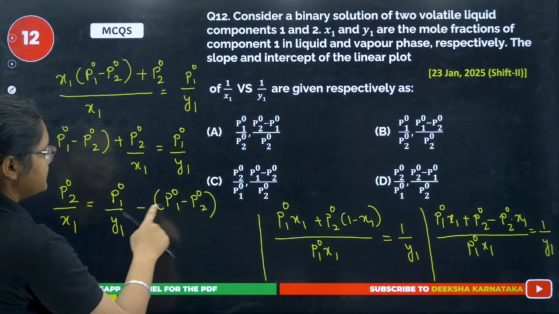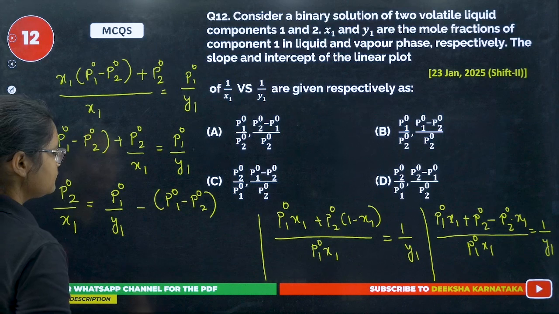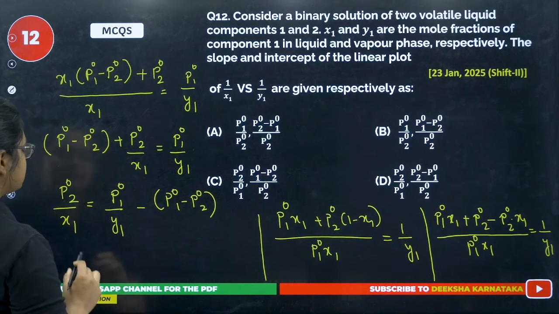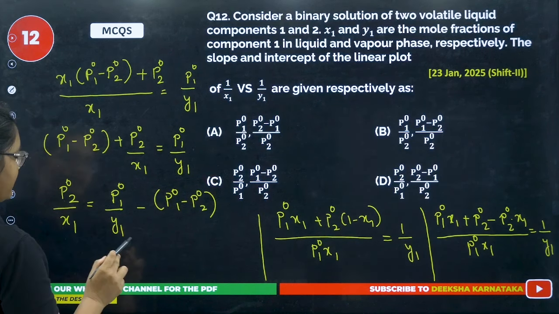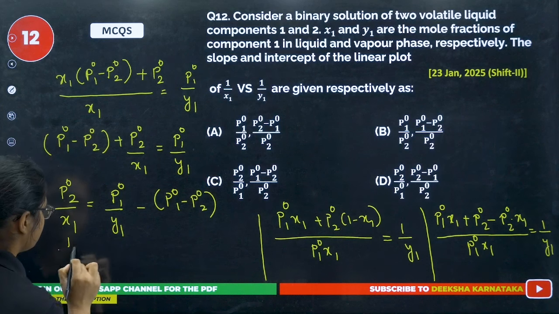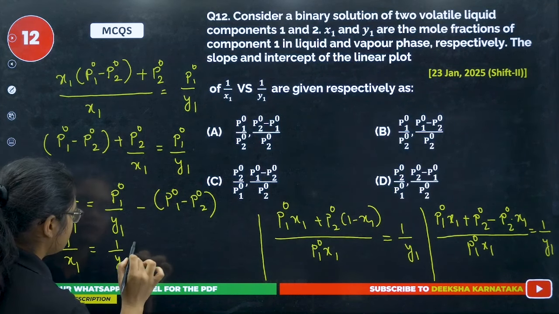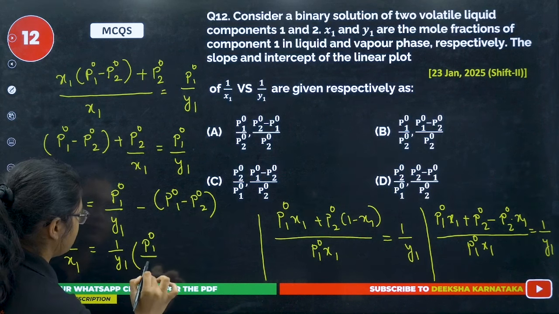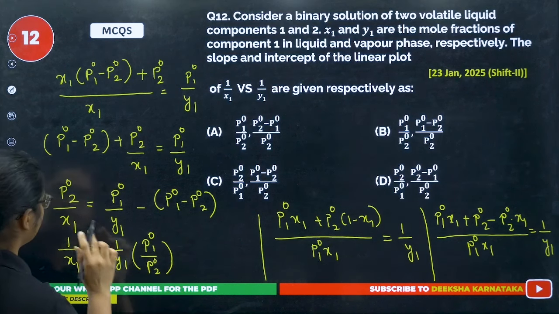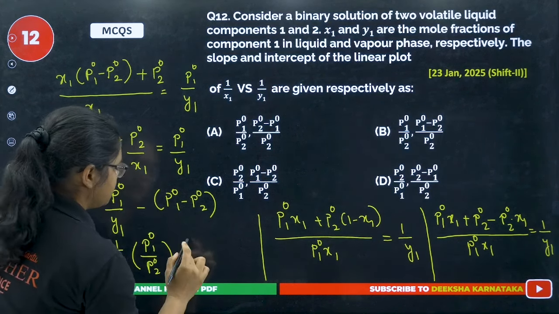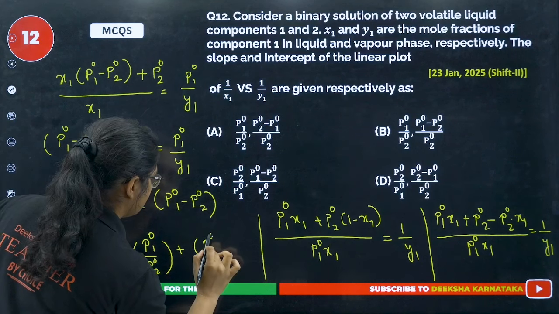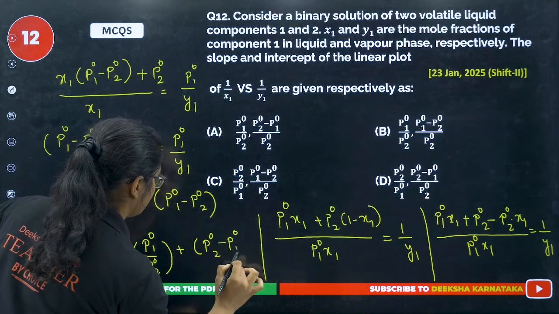This minus I am multiplying here. Next, I need 1 by x1, right? So I'll divide this P02 also on this side. So 1 by x1 is equal to 1 by y1, and I have here P01 by P02 minus, this minus will be multiplied here, so I will get P02 minus P01.